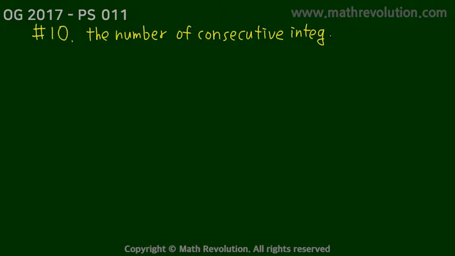The way we want to calculate consecutive integers is first we put the last number of the series, we'll call it L, minus the first number of the series, we'll call it F, plus 1. This gives you the number of consecutive integers.